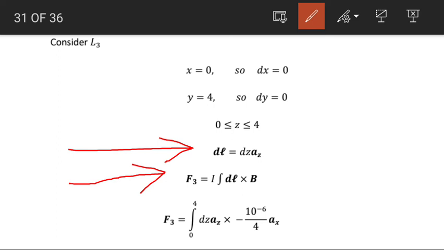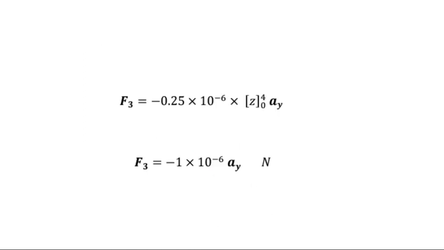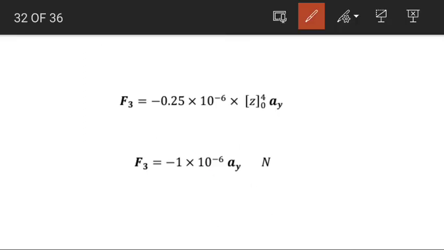Let us put the values. dl is dz az cross b is minus 10 raised to power minus 6 by y, and you see y is 4. So we have minus 10 raised to power minus 6 by 4 ax. The integration of dz is z and az cross ax well results in ay. So the integration of dz is z.